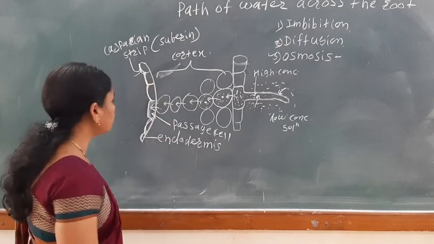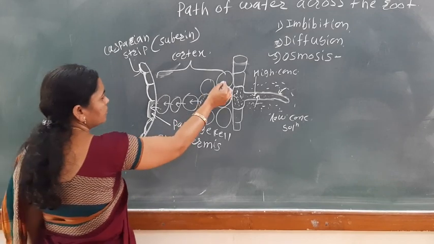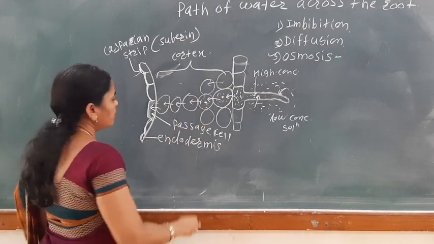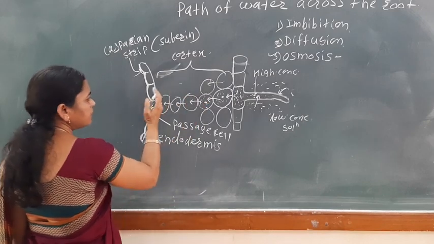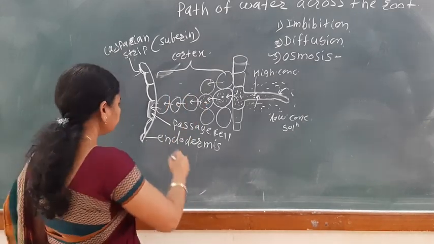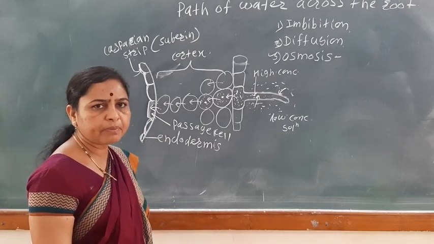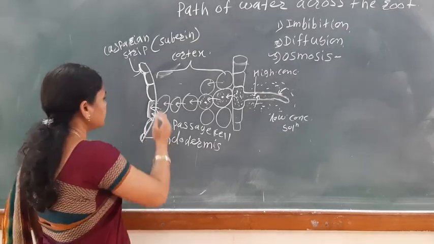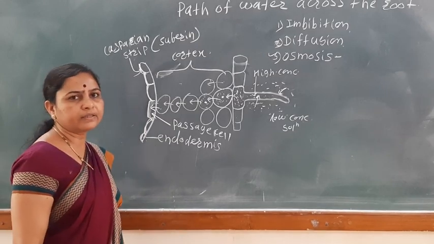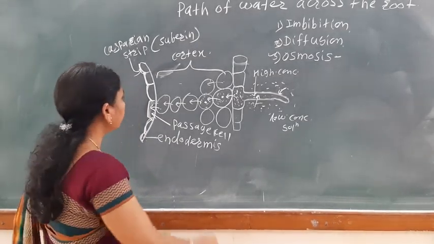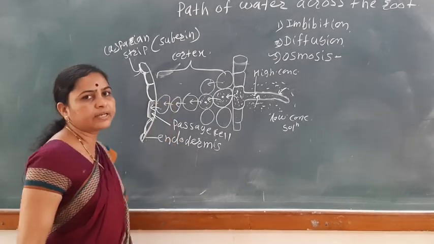So what happens is that the water enters through the cortical cells, and some hydrostatic pressure develops, because the endodermis has the Casparian strip and not all the water moves inside.